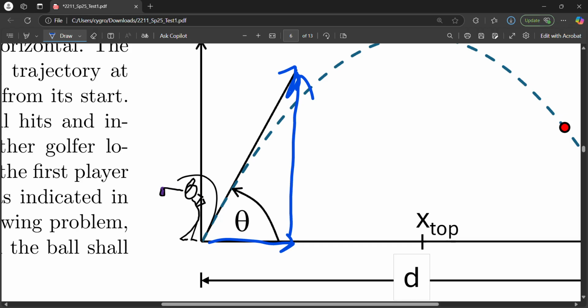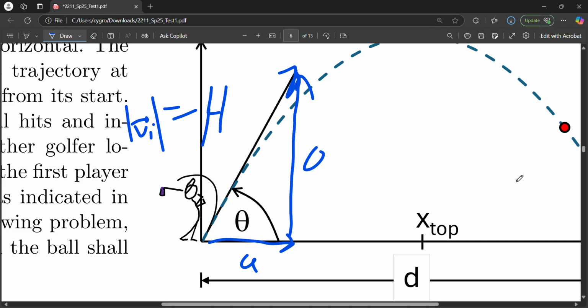We want to look for our x direction first. So we know this is the hypotenuse, which is equal to our velocity. This is going to be adjacent to theta. This is going to be opposite to theta.